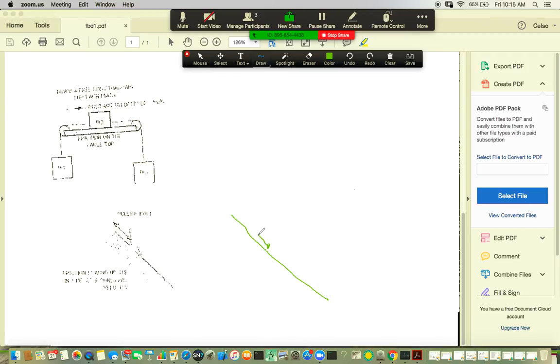So the direction of motion is up and the velocity is constant. So if the velocity is constant, therefore acceleration is 0. That's the mantra.